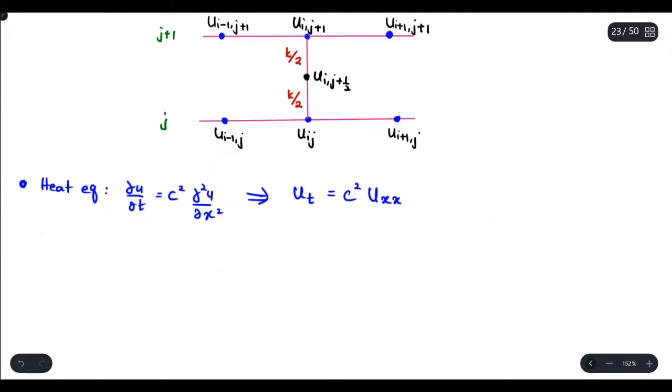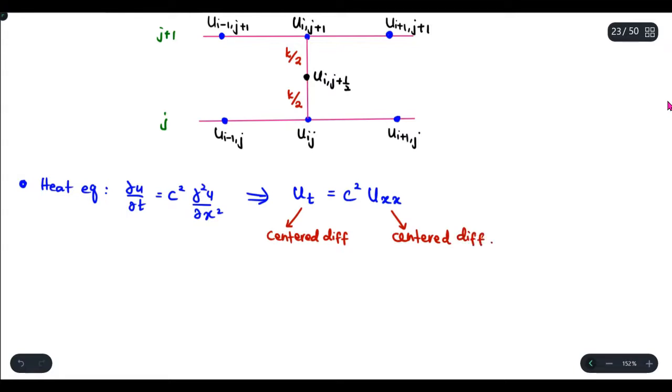The same as before, by the finite difference method, you need to substitute the derivative terms in your heat equation using the finite difference formula. By the Crank Nicolson scheme, for u_t we are going to use the centered difference formula, and for u_xx also we apply the centered difference formula.